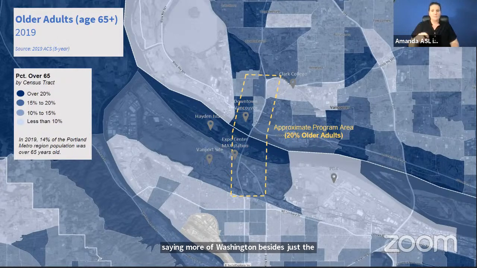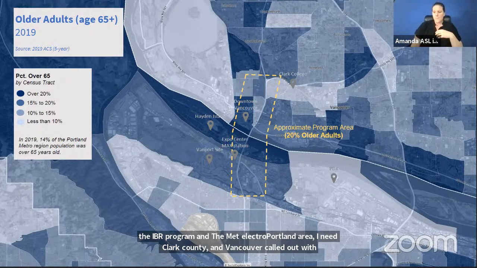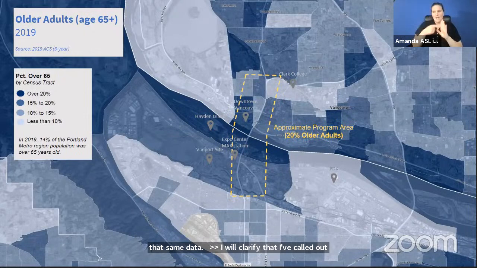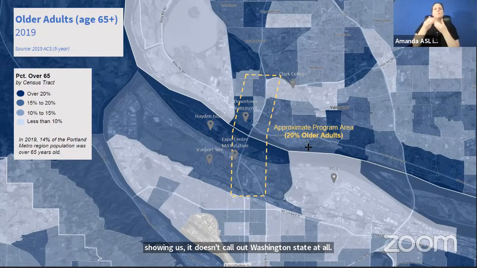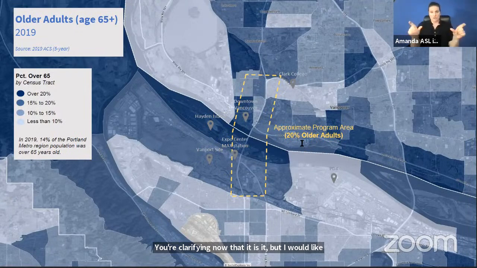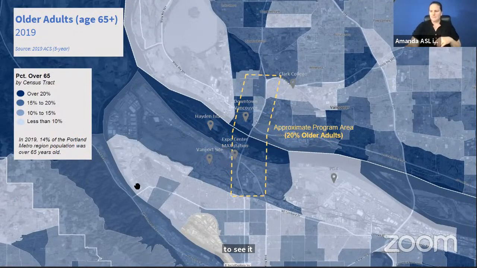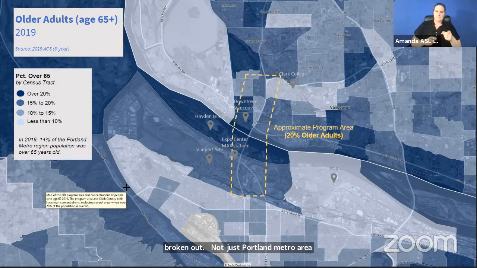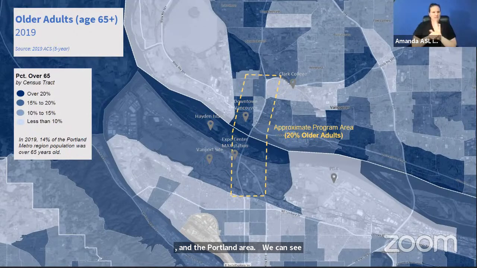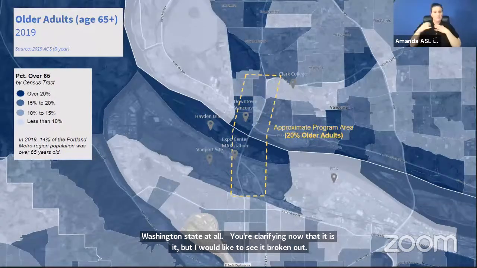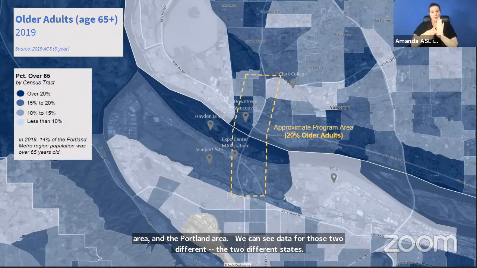No, because on the data that you're showing us, it doesn't call out Washington State at all, any part of Washington State. You're clarifying now that it is, but I would like to see it broken out. If not just Portland metro area, switch it. I want to see the data show the Vancouver, Clark County area, and then the Portland area. Oh, like so we can actually see the true data for the regions in those 2 different states. Gotcha. Okay, well that's certainly something that we could put together and show you. Okay, thank you. No problem.